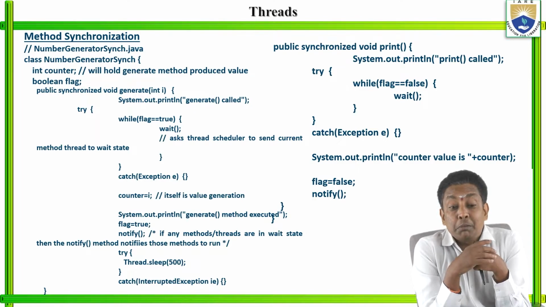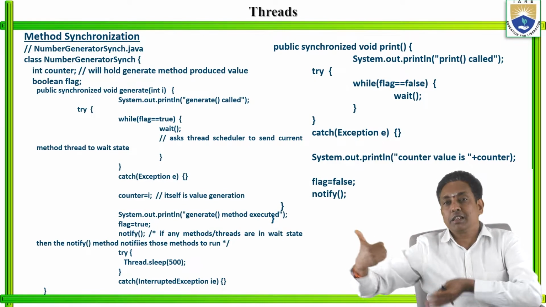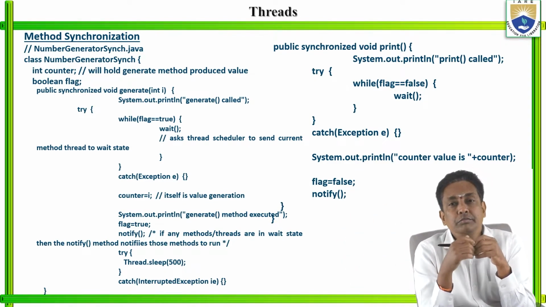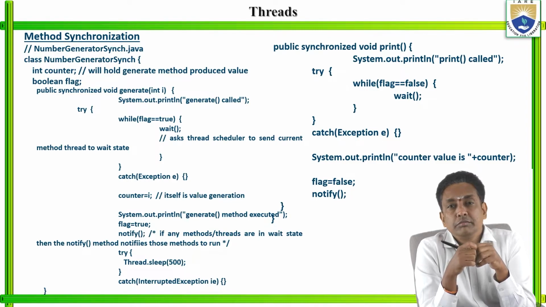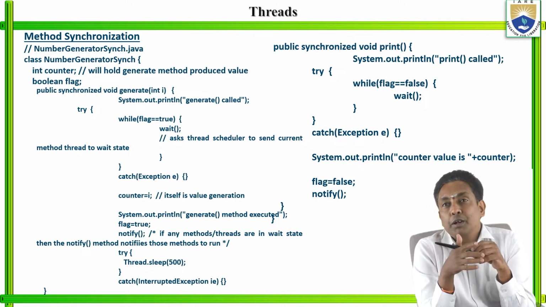The generate method may produce the counter value from 0 to 1, 2, 3, 4, 5, 6, 7 and go on. And the value produced by the generate method should be consumed by the print method.